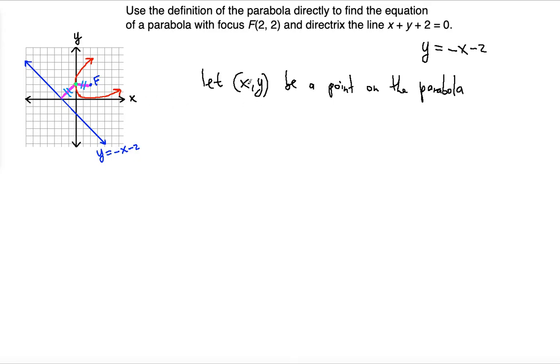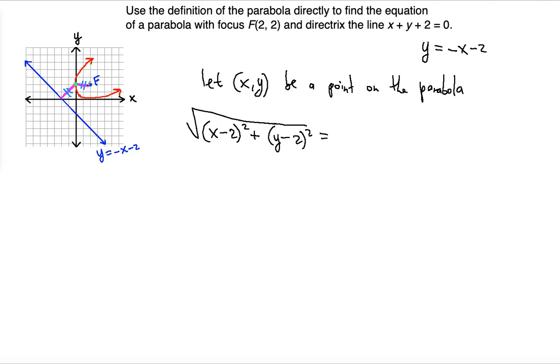The locus of all possible points like that. But let any arbitrary point be (x, y). Then we can use the distance formula. So we know that (x - 2) squared, this distance here, plus (y - 2) squared, since the y-coordinate of this focus is also 2.